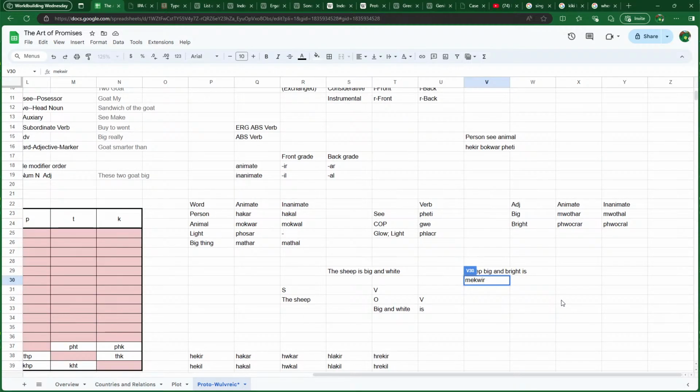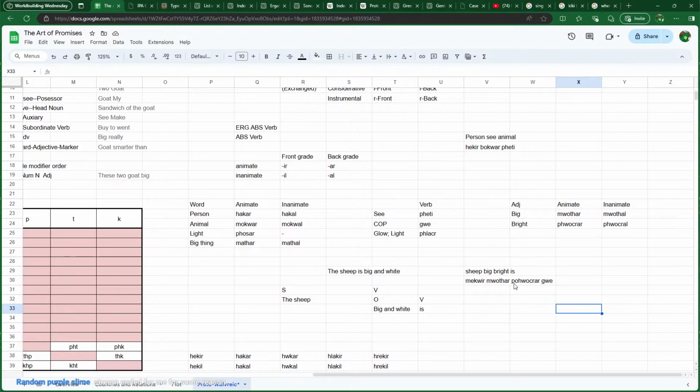Big, motar, and I don't have a word for and. And is technically a particle. I don't think we need and here. I think we can just have that be handled by listing multiple things. So it's also animate, so shrar, and then gue.